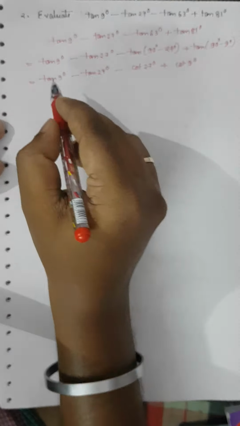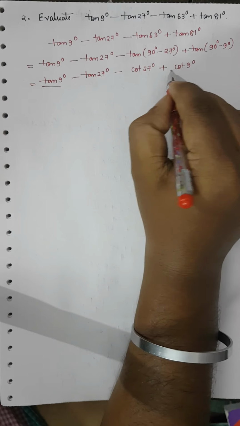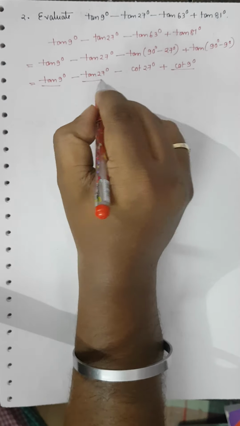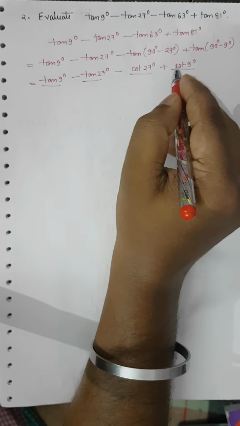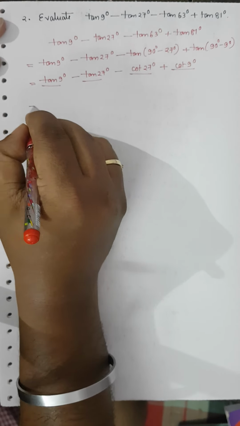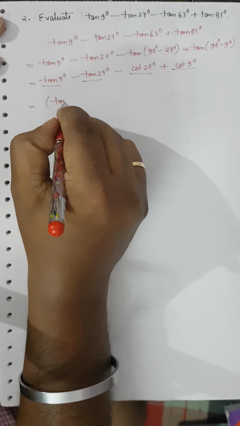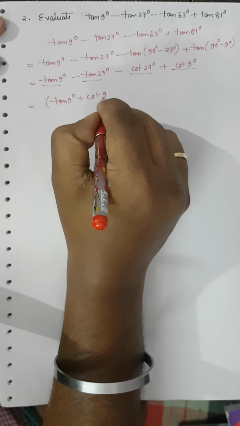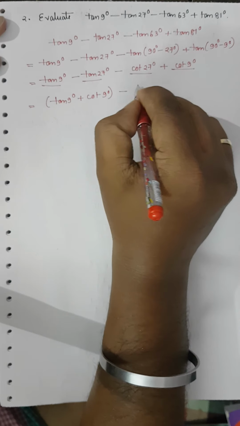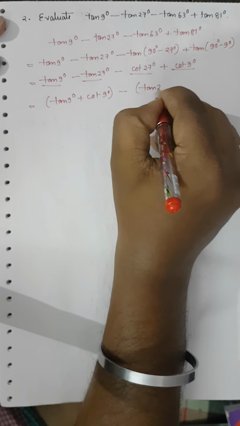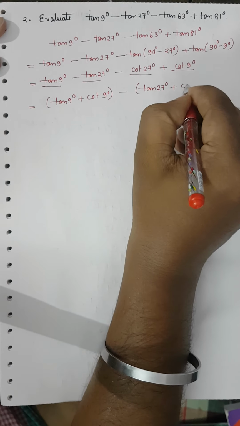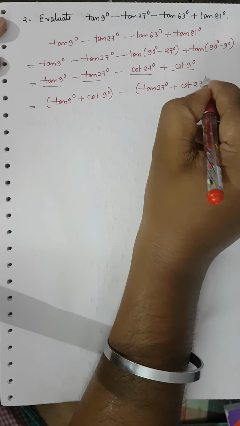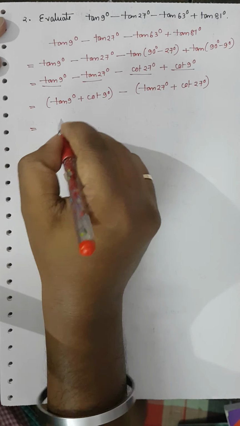Now you can see tan 9° and cot 9°, tan 27° and cot 27°. If I take them as pairs, I'll have (tan 9° + cot 9°) − (tan 27° + cot 27°). What is tan?